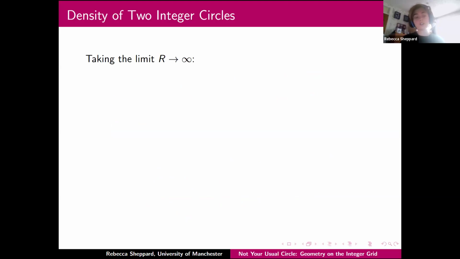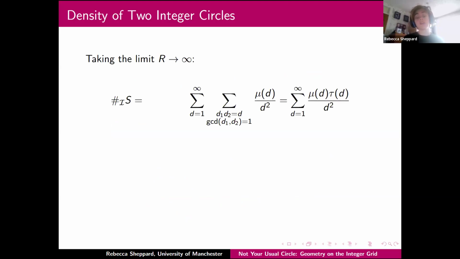So now we take the limit as r goes to infinity, and we divide by r squared. We get that the density of our intersection of two unit integer circles with respect to the I filtration is the sum for d equals 1 to infinity over the sum of d1 and d2 multiplying to d, and these are still coprime, of mu of d over d squared.